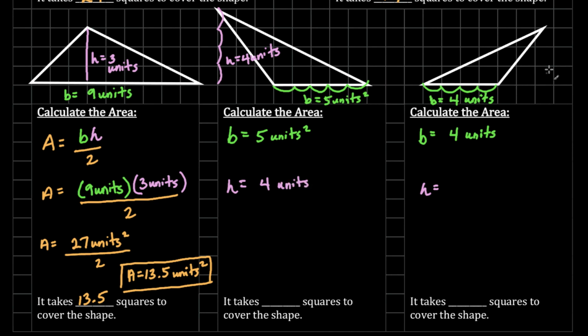And in this one, the height is 3 units. All right, cool. Let's go to the next page.